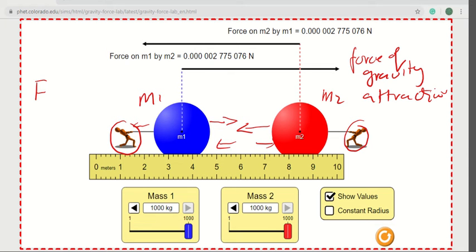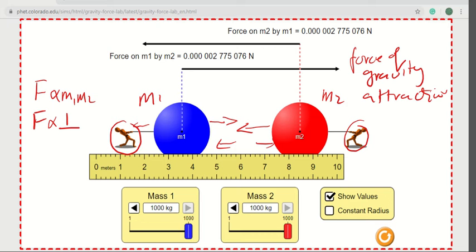We saw here the force is proportional to the product of masses M1 and M2. If I increase M1, and if I increase M2, the force between these two masses increases. We also saw that the force decreases when I increase the distance. So Newton derived this formula by looking at how the force changes between the two masses when the distance increases or decreases.